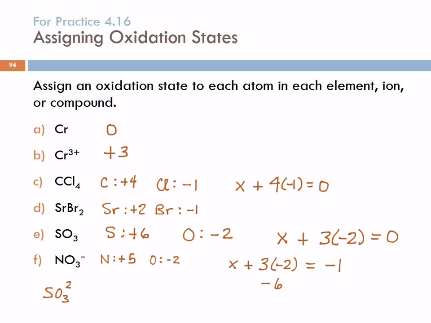It's sulfite, but it has a 2- charge. If we don't put the charge on it, it's SO3, just its own molecular compound. Got to have the charge. In the sulfite ion, the sulfur is going to have a different oxidation state because of this charge. It's going to have an oxidation state of +4. Any other questions?